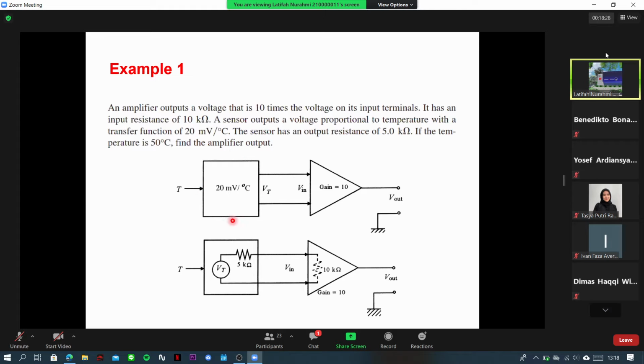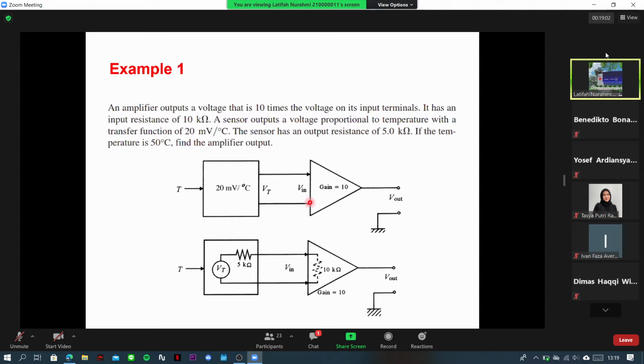So this sensor has the property of 20 millivolt per degree Celsius. It senses the temperature, and then converts it into voltage.